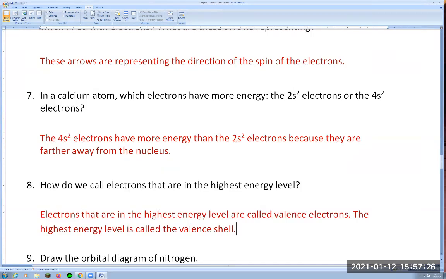These electrons in the valence shell are what give the atoms their properties. This is the main thing that contributes to the properties of the atoms. So that's why they are important, and we will look at those electrons in particular more than the core electrons. All the others are called core electrons, C-O-R-E.